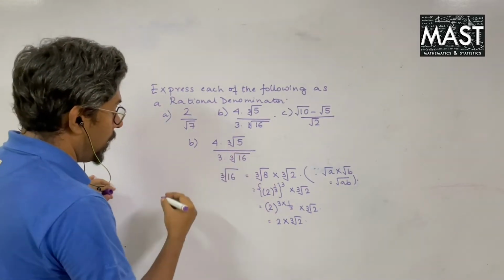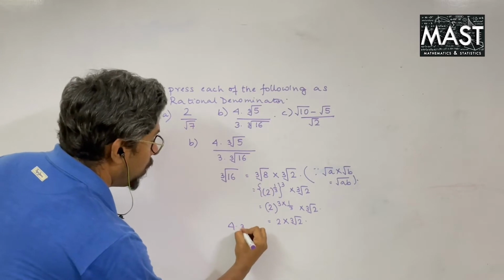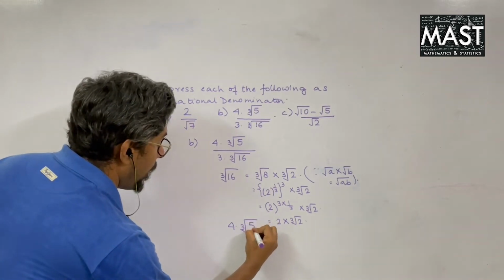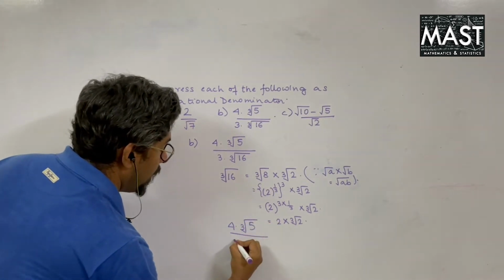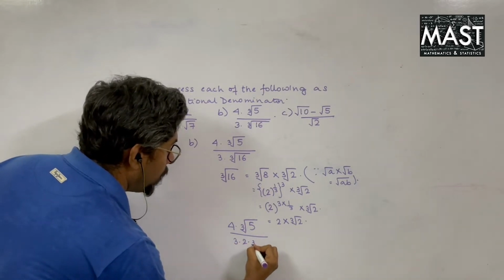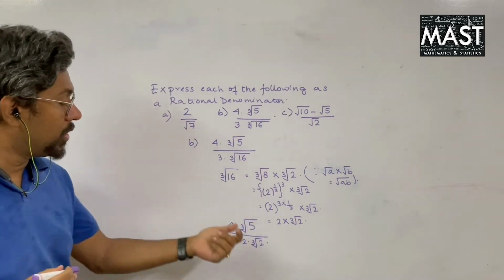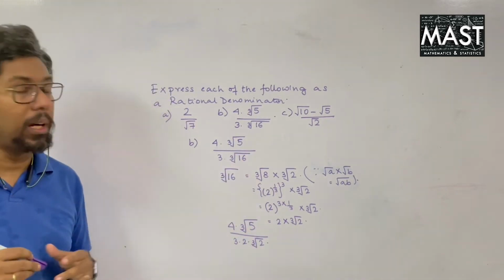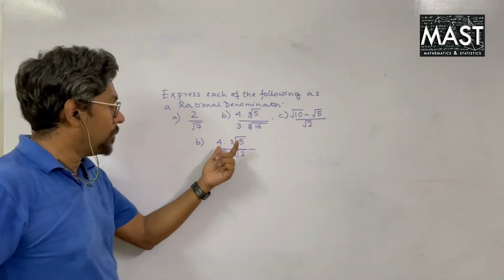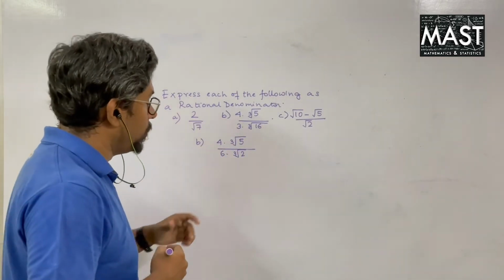So from here we can write 4 into cube root of 5 divided by 3 into 2 into cube root of 2. So this is the simplified form, which becomes 4 into cube root of 5 by 6 into cube root of 2.